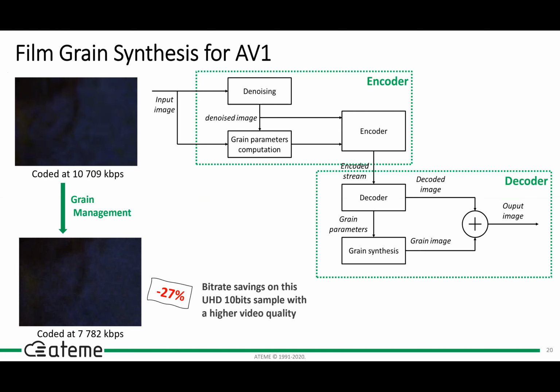So there is the availability in AV1 to remove the grain from the video, and to compute the grain at the decoder side by sending some film grain synthesis parameters. And you can achieve, here I put only 27%, but we can achieve even more than that on a lot of content.